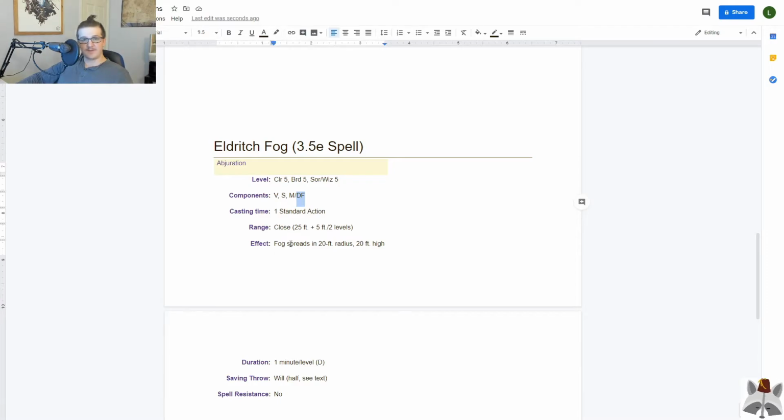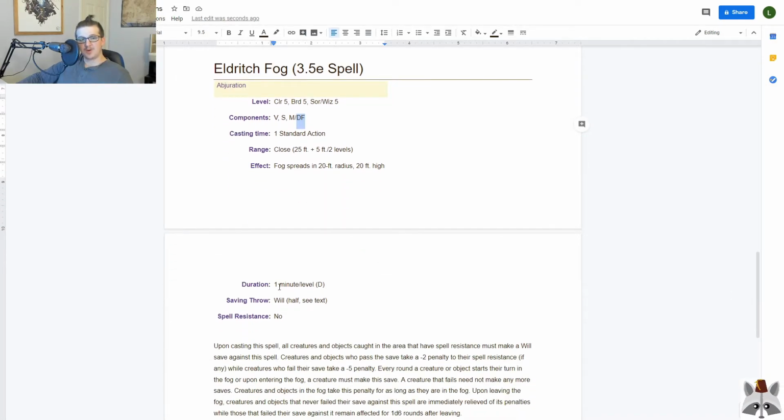Its effect is fog spreads 20-foot radius, 20 feet high. We'll probably integrate that into the actual bulk text. Duration is 1 minute per level. I don't know what the D stands for. Maybe that's just duration. I don't know. But I like that the duration is really limited by what spell slot you cast it at.